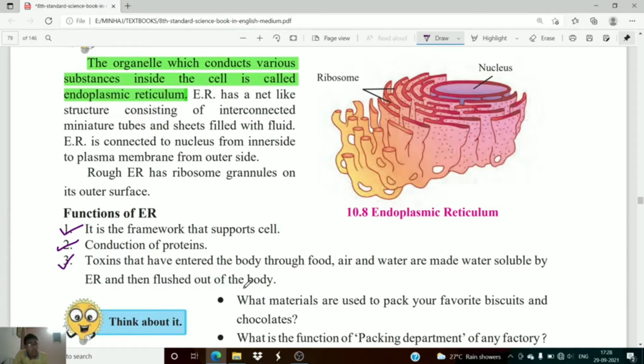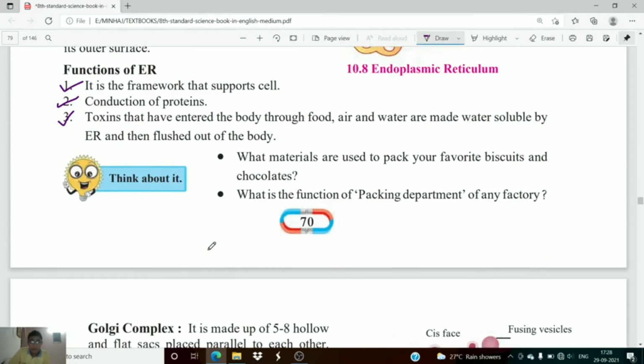And how will it be eliminated? The toxin is going to be mixed with the water, that means it is going to dissolve in the water, and that water will be flushed out of the body or of the cell. So these are the three functions of endoplasmic reticulum.